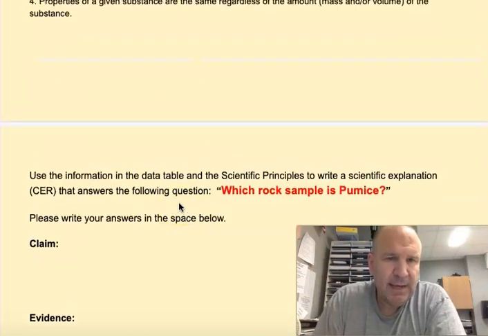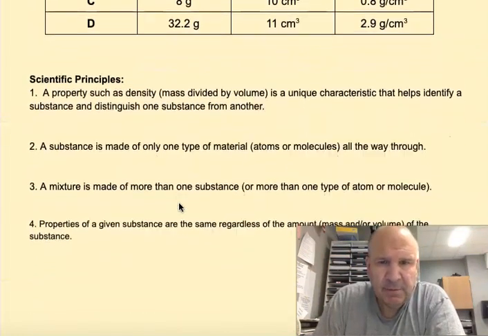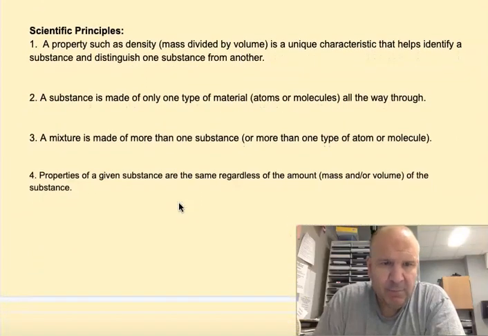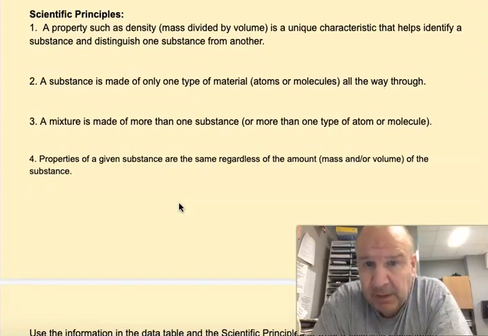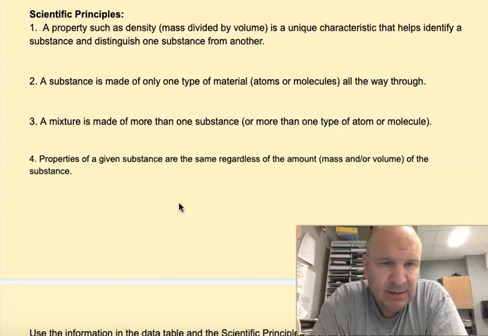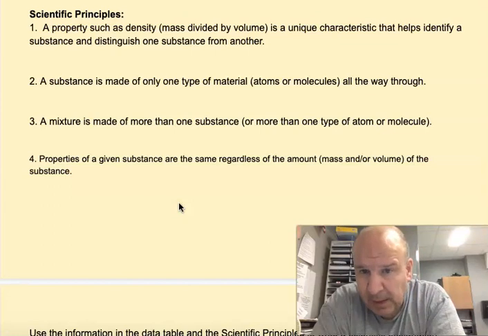So let's look at these scientific principles. You had 4 of them. Number 1, a property such as density, and I just explained that density is mass divided by volume, is a unique characteristic that helps identify a substance and distinguish one substance from another. 2, a substance is made up of only one type of material all the way through. 3, a mixture is made up of more than one substance, or more than one type of atom or molecule.